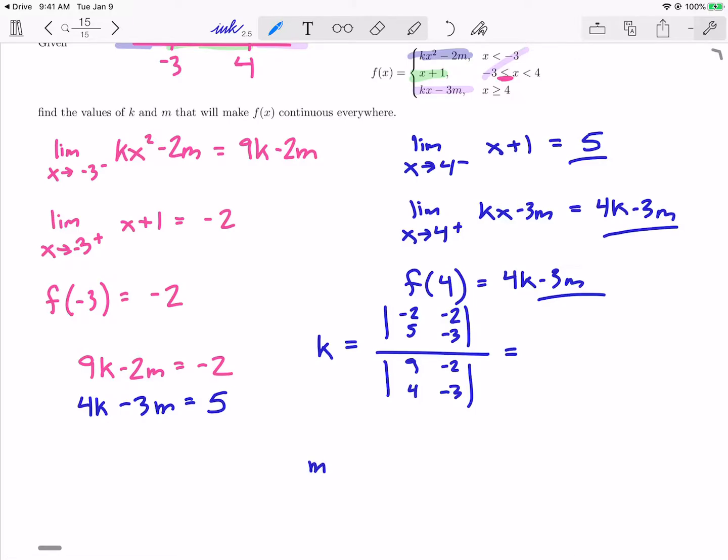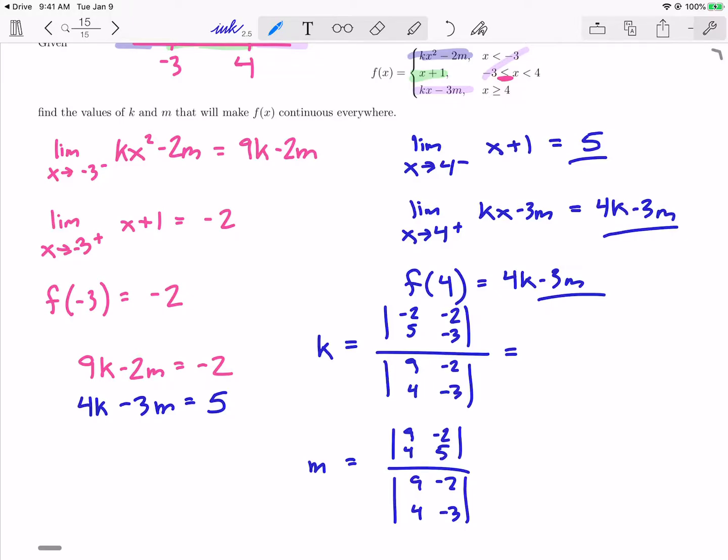And then for m, I've got replace the negative 2 and the negative 3 with the negative 2 and the 5, and my denominator is the same as the other denominator. It's the coefficient matrix to the left side.